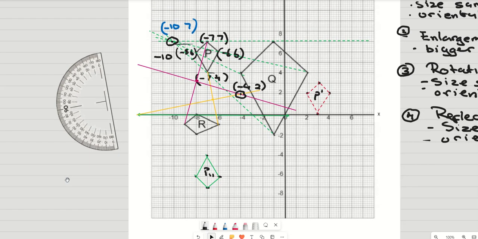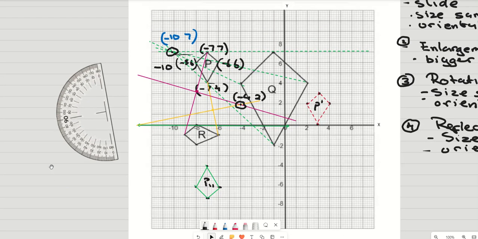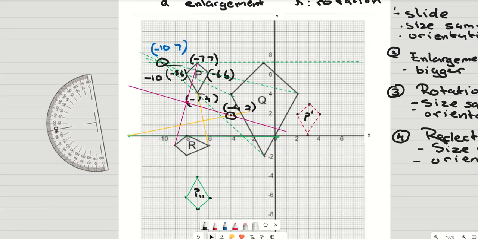The next way is we're going to look at the direction. Sorry, no, the degrees. So, to find the degrees, we're going to draw two other corresponding lines. But you're not joining them up, you're going to that center of rotation.